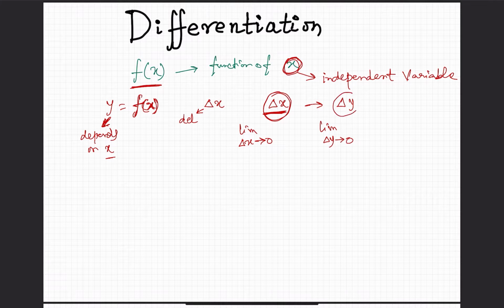Similarly for del y, we take an infinitesimally small change in y for the infinitesimally small change in x, which is not equal to 0 but is tending to 0.